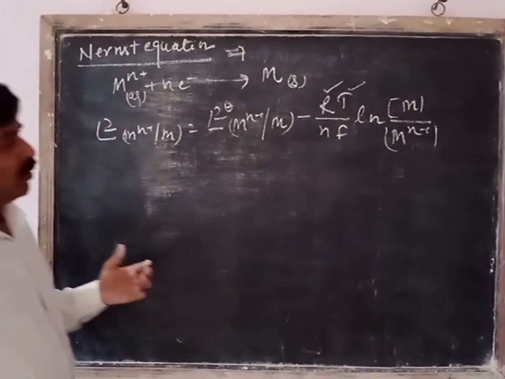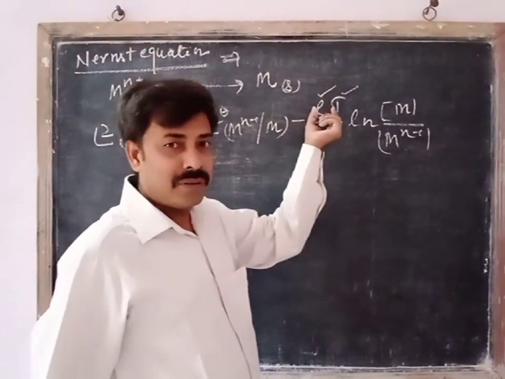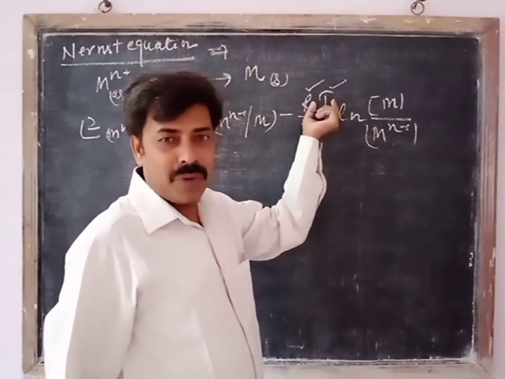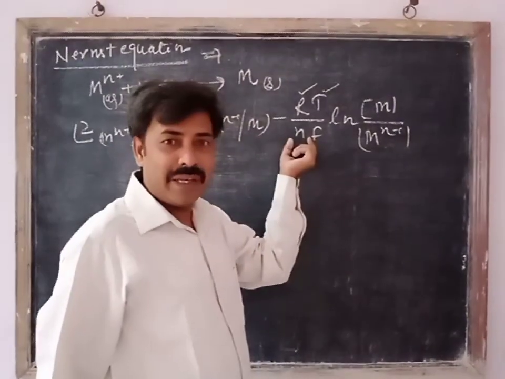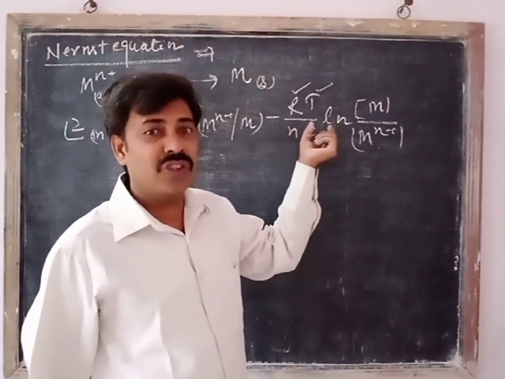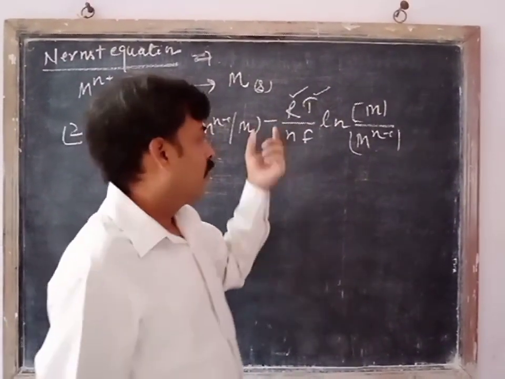Here R is the gas constant, T is the temperature in Kelvin, n is the variation in oxidation state, and F is the Faraday constant having value 96487.